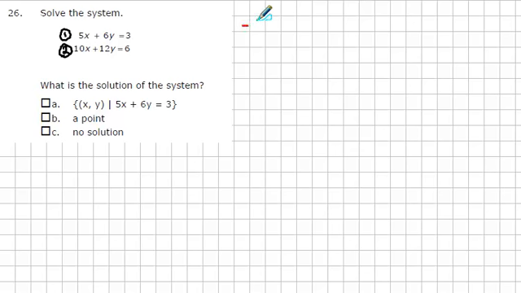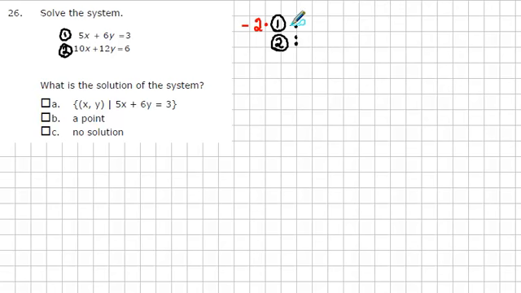And for the second equation, we're just going to leave it alone. So that one will just indicate that we're going to just rewrite equation number 2.